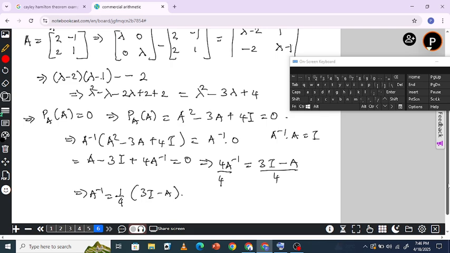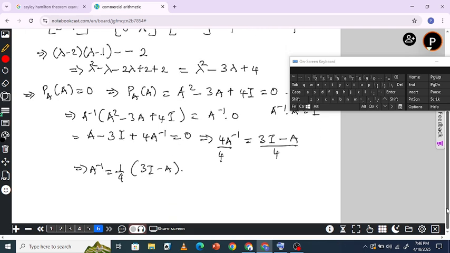We need to get the real value of the inverse. We have our A, we have our I. That means we're going to have a quarter into 3 times I. If we multiply 3 by I, we will have an identity matrix with 3 in the diagonal, minus A. Our value for A was 2, 2, negative 1, 1.